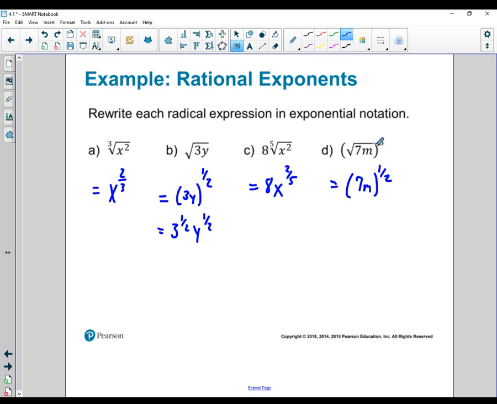That's the same thing as this, and then that is to the 5th. So what we really have, remember, exponents to exponents, you multiply, we have 7m to the 5 halves. So that might be a bit of a tricky one.